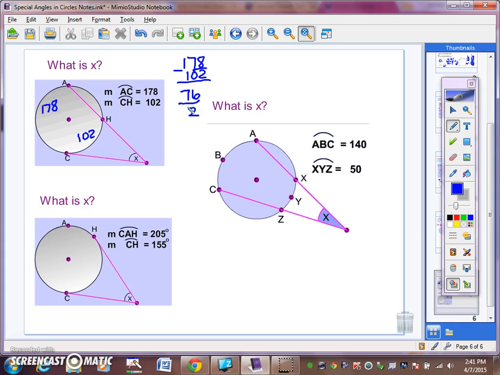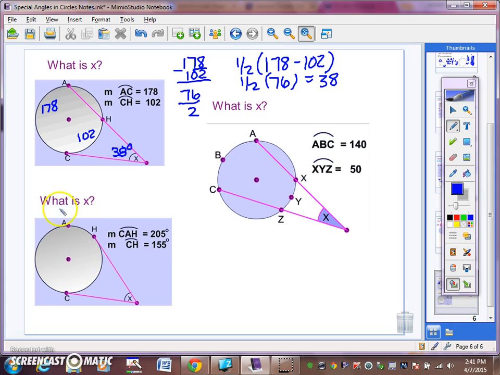So 76 divided by 2 is going to give me 38 degrees. So my X is equal to 38 degrees. Okay, so I took half of 178 minus 102. That gave me half of 76, which equaled 38.